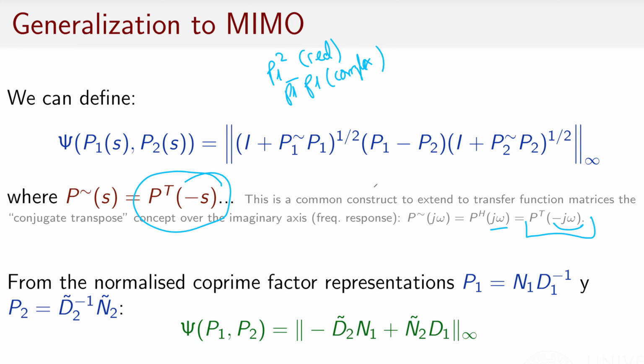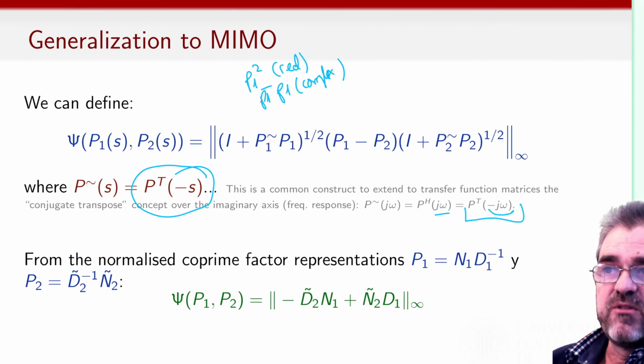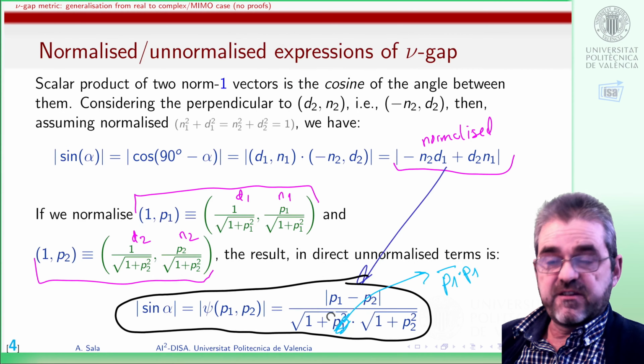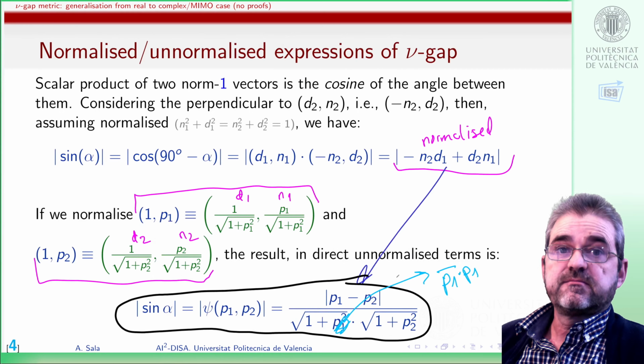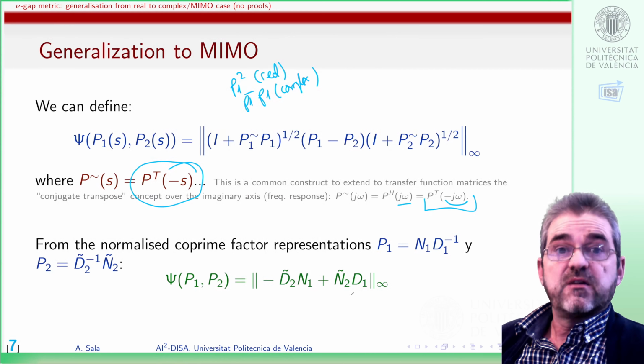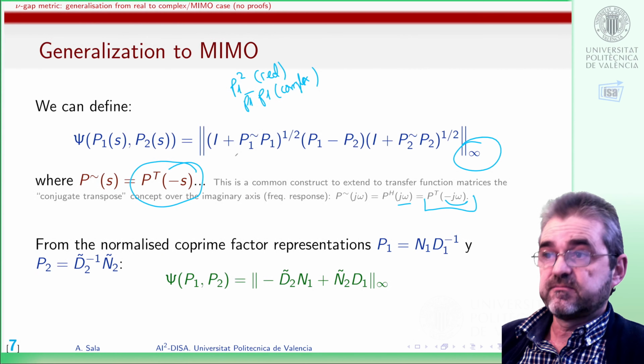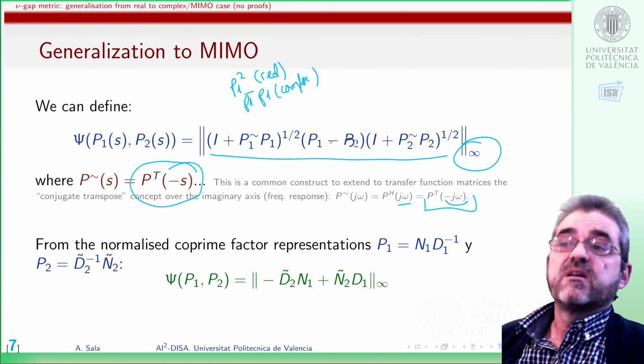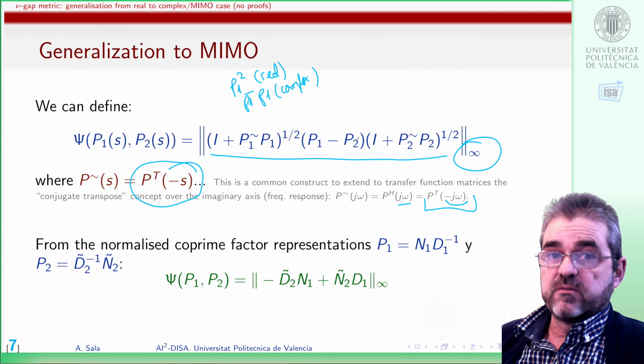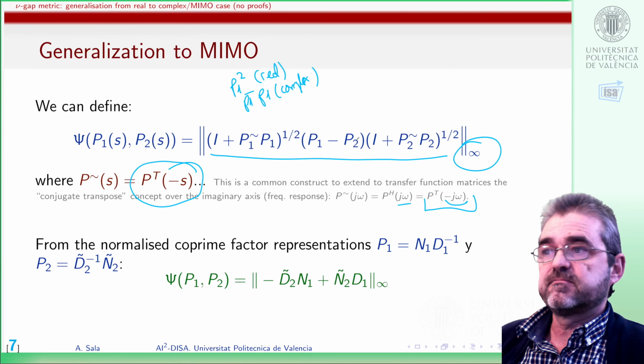But okay, the details are out of the scope of this discussion. The issue is that if we do the matrix version of this formula at every frequency and we compute the maximum of it, this infinity norm, well, then we get this expression whose formal proof is in Vinnicombe's seminal references.